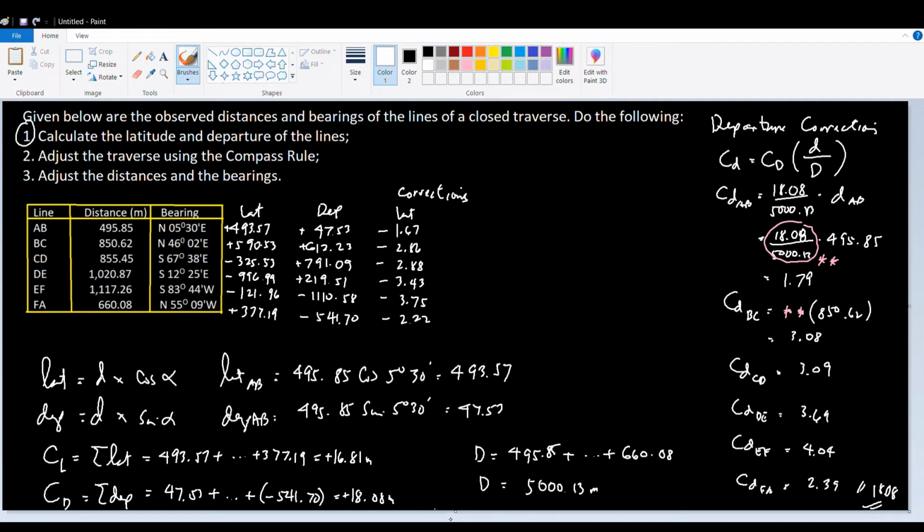Yes, 18.08. So we tabulate these values under the heading of departure. The total misclosure in departure is positive, so the correction should be opposite to that, negative. That will be negative 1.79, negative 3.08, negative 3.09, negative 3.69, negative 4.04, and negative 2.39.